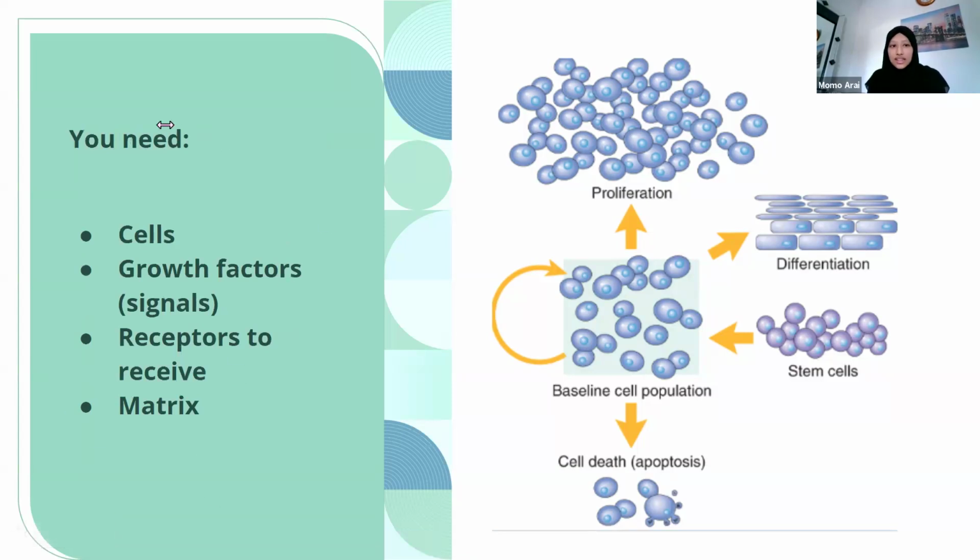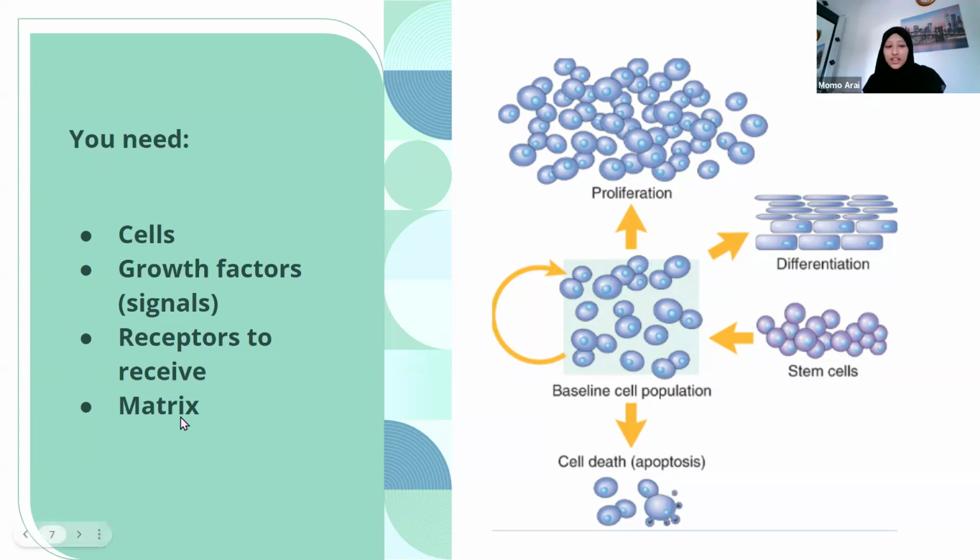So again, see here, this is everything that's involved in healing. We said cells, and you need interactions between cells and the surroundings. Growth factors are kind of like signals for interaction. So cells, growth factors, and you need receptors to take that growth factor or process it in terms of signaling.